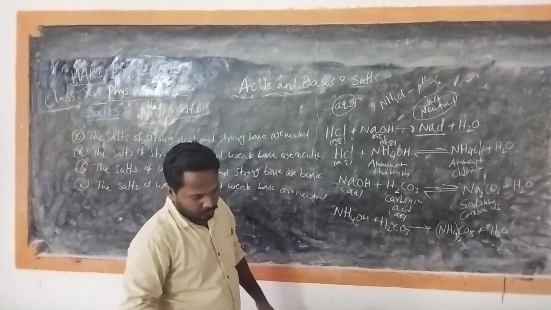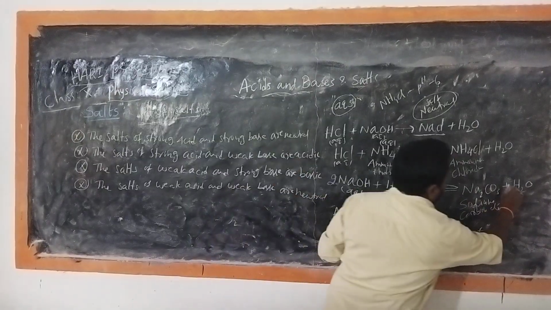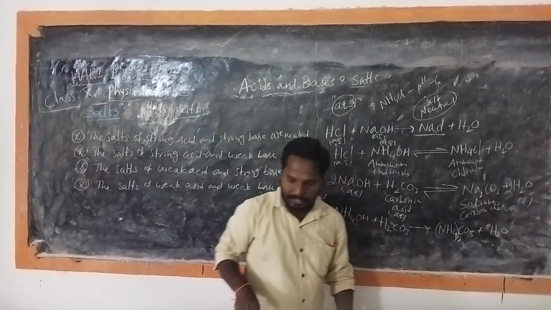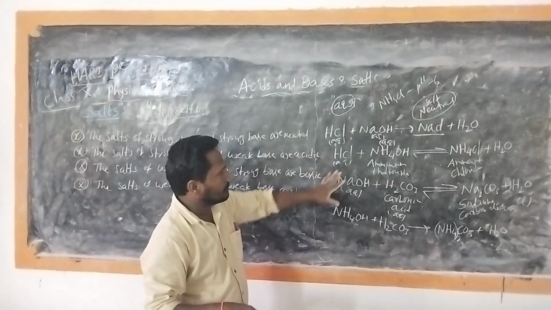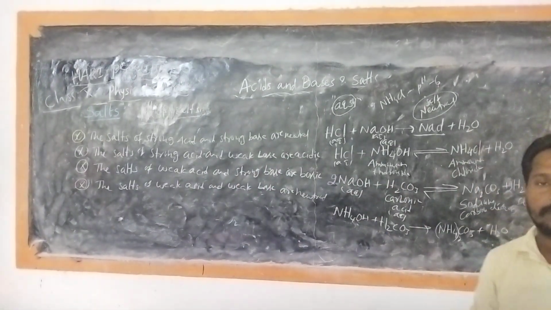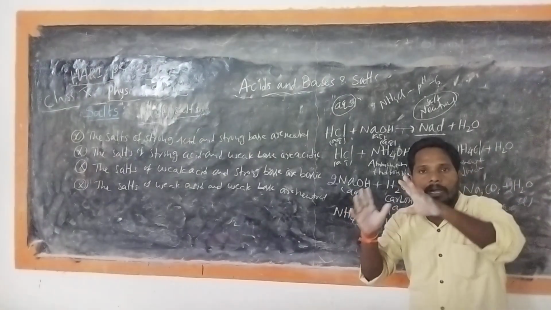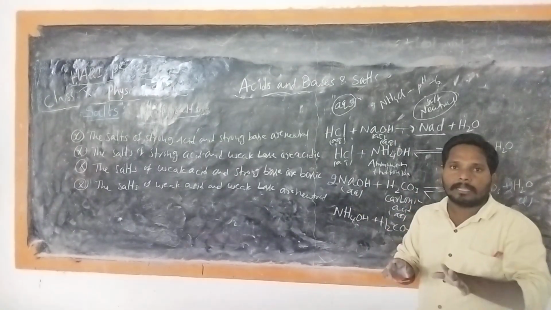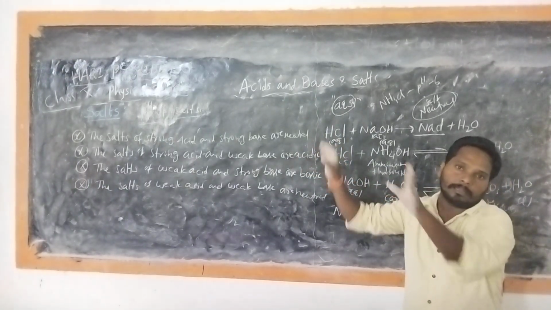Sodium carbonate, 2NaOH, 2H2O: here water is liquid, so it is an aqueous solution. In this way, salts are formed by the reaction between acid and base. The nature of the salt, whether neutral, acidic or basic, depends on what type of acid and base react together.